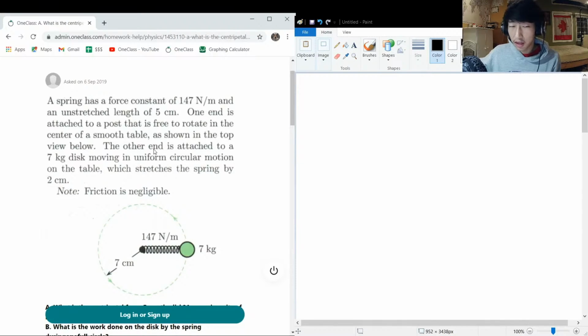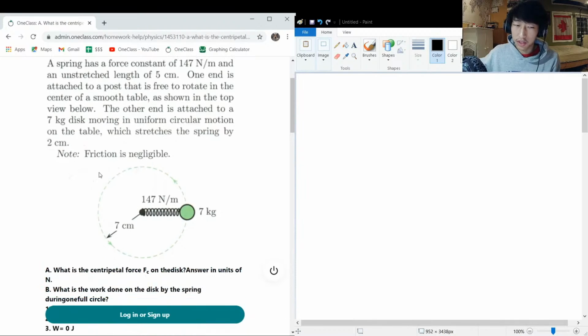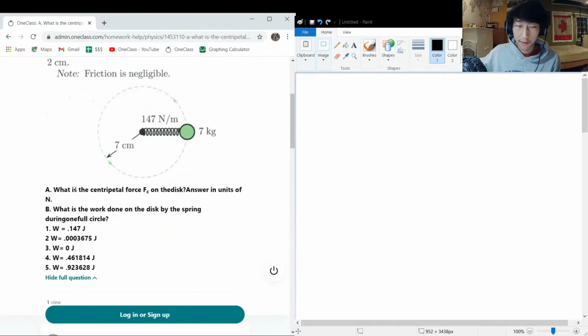The other end of the spring is attached to a 7 kilogram disc moving in uniform circular motion on the table, and it stretches the spring by 2 centimeters. There's no friction, so that's nice. The first question asks, what is the centripetal force on the disc? Answer in newtons. And what is the work done on the disc by the spring during one full circle?